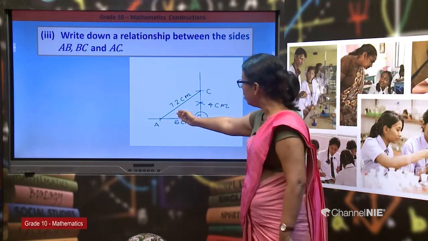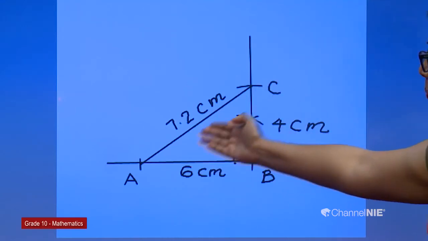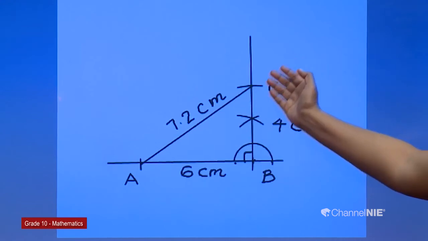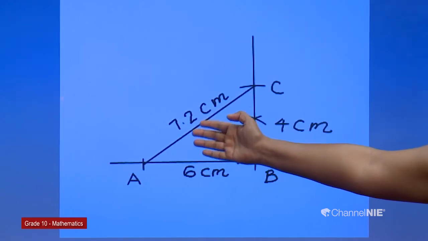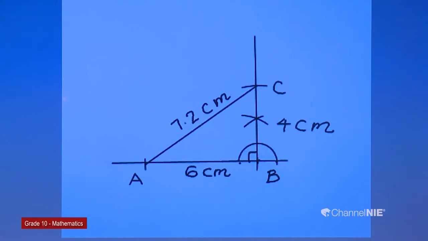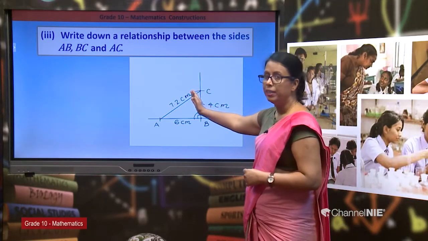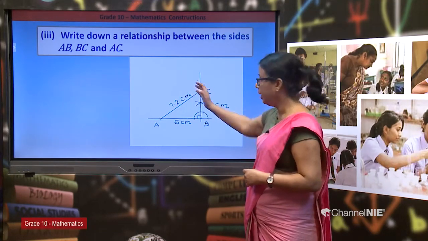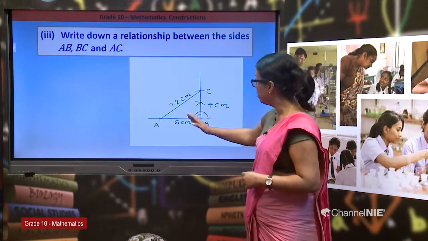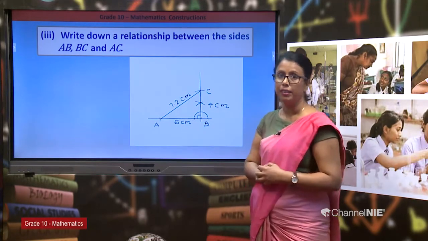AC is the longest side opposite to 90 degree. So, we call it hypotenuse. To find the length of the hypotenuse, you can use Pythagorean's theorem. Let us apply Pythagorean's theorem. It says the area of the square on the hypotenuse equals the area of the squares on the other two sides containing 90 degree.